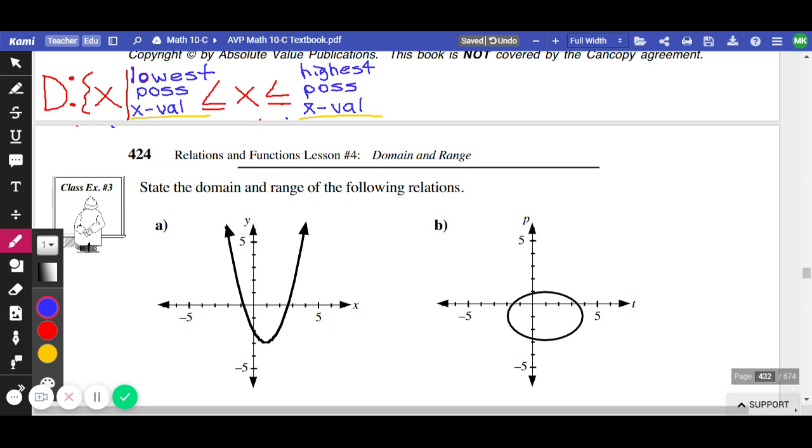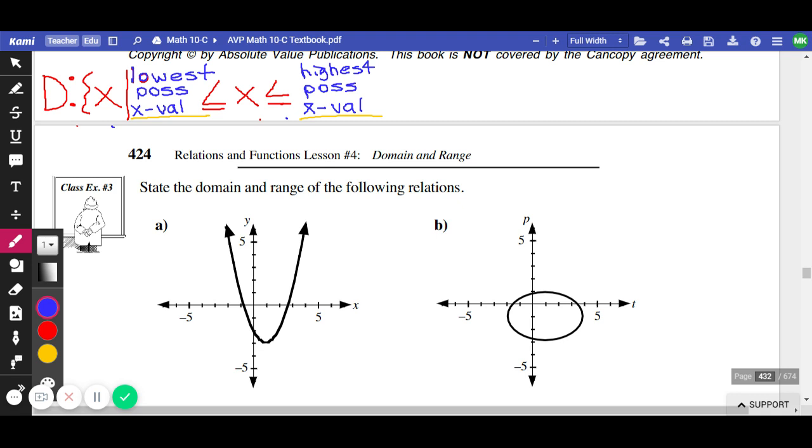If we were reading this, it would say domain is x values such that the lowest possible x value is less than all other x values, which is less than the highest possible x value. You're saying x could be anything in between these two numbers, whatever your lowest and your highest is.